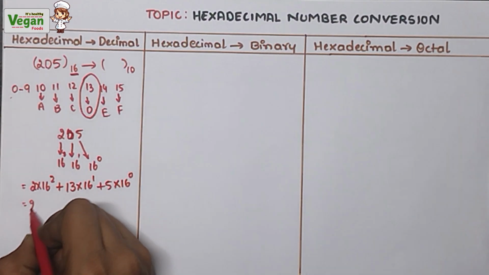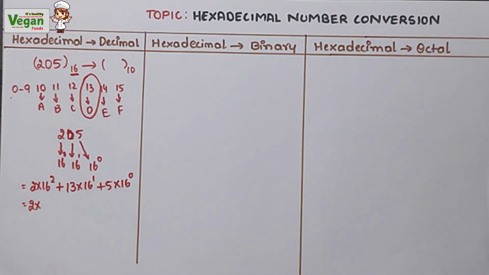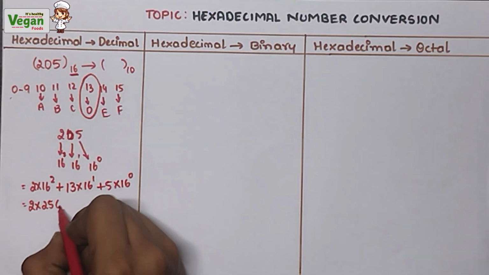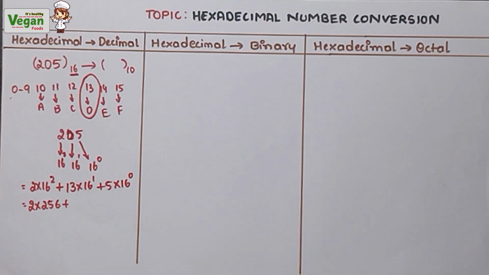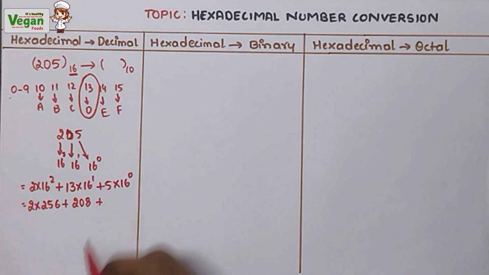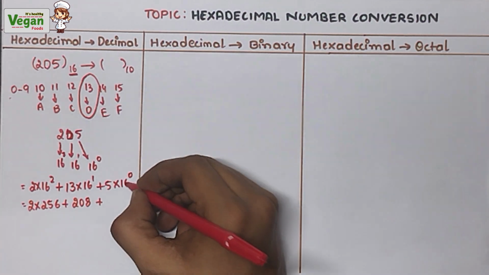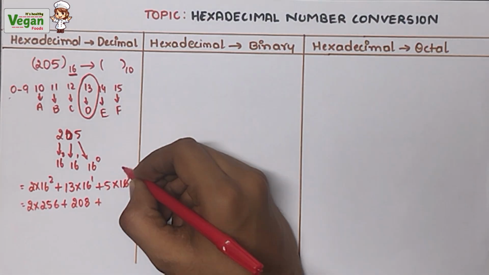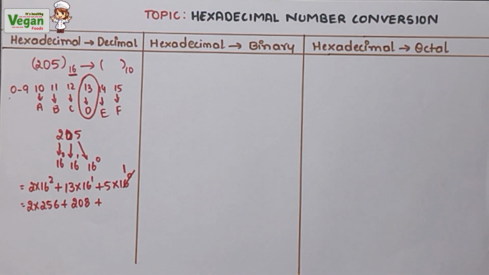So what will be the value? 2 into 16 power 2, that is 16 squared, 256, plus 13 into 16, which is 208, plus 5 into 16 power 0. Whatever number has power 0, its value will be 1: 16 power 0 is 1, 8 power 0 is 1, 12 power 0 is 1, like that.